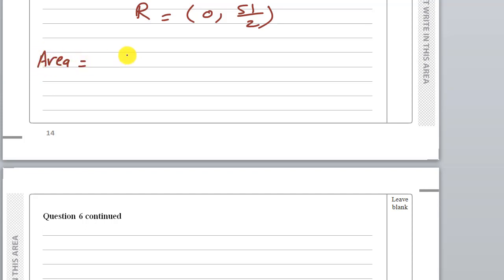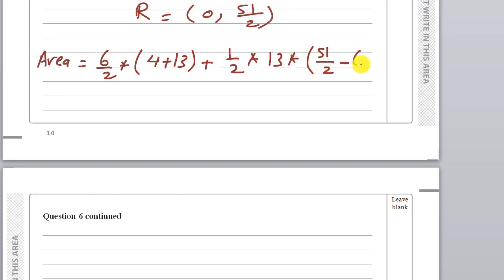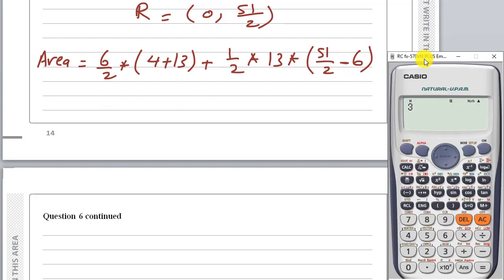Area, first trapezoid, 6 divided by 2 multiplied by 4 plus 13, plus half the height of the triangle, which is 13 multiplied by x, which is 51 divided by 2 minus 6, multiplied by 4 plus 13 plus 0.5 multiplied by 13 multiplied by 51 divided by 2 minus 6.